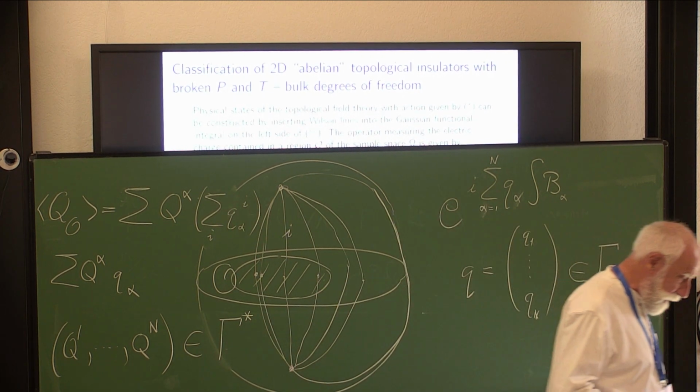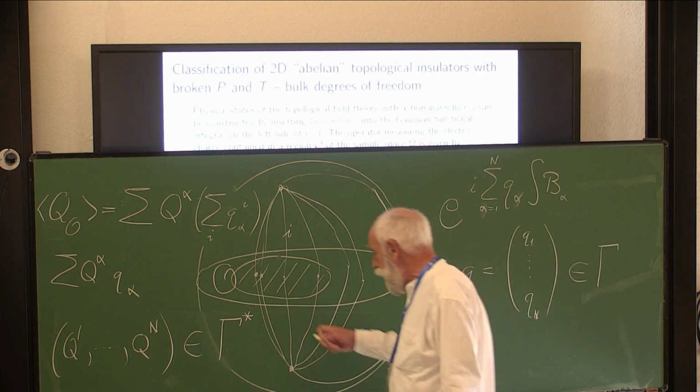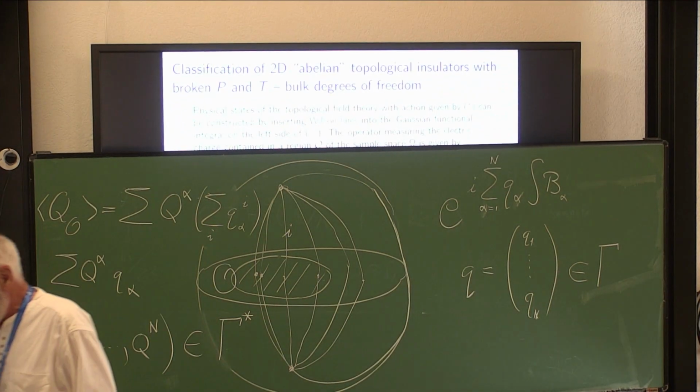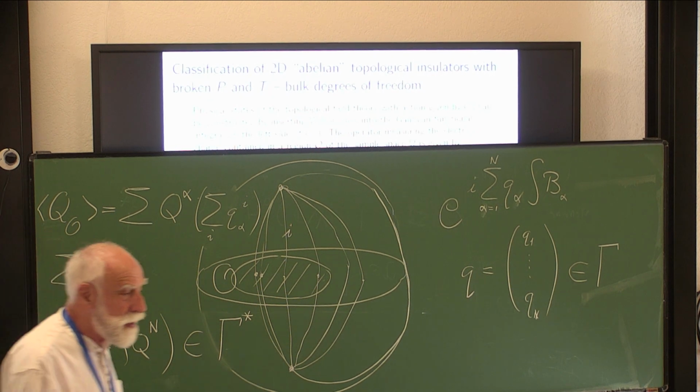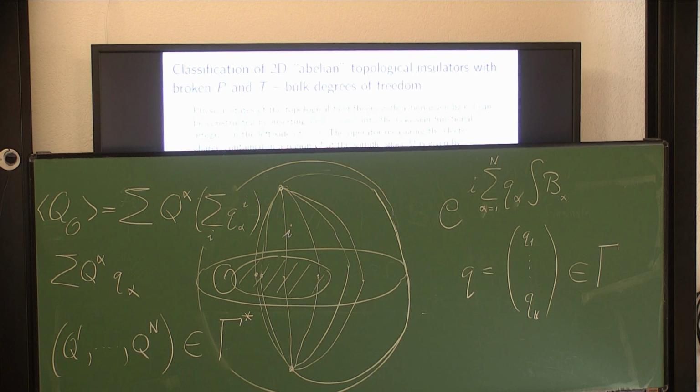Now, if you have an integral lattice, and in fact, I should say one more thing. There is a relationship between charge and statistics. If you have an excitation which describes an odd number of electrons or holes, and you exchange it with another such excitation, it transforms like a fermion.